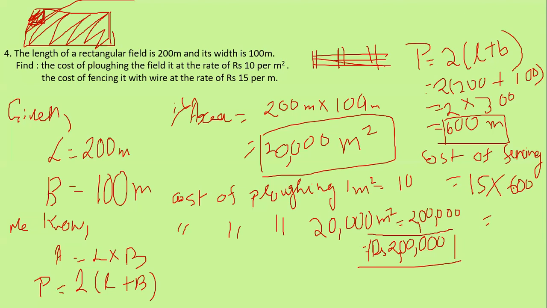So how much we are getting? 6 5 is 30, 6 1 is 6, 1 8 9 9. So rupees 9,000. Because 15 into 6 is 90, and उसके ऊपर से 20 more, so it will be 9,000 rupees. So मेरा 9,000 rupees is for fencing, and 2 lakh rupees is for area. ठीक है?